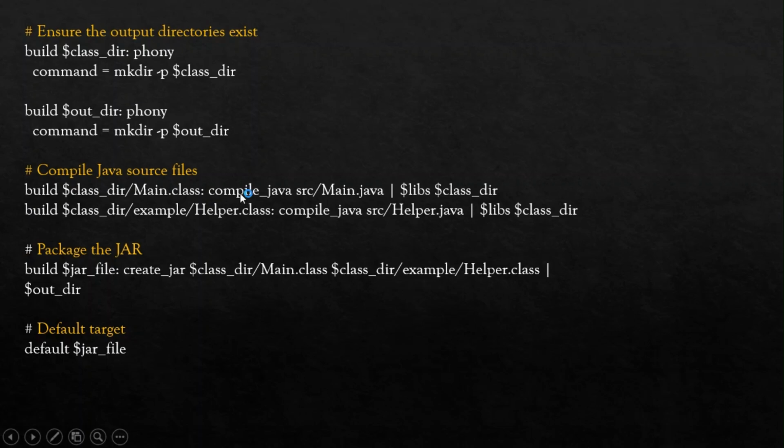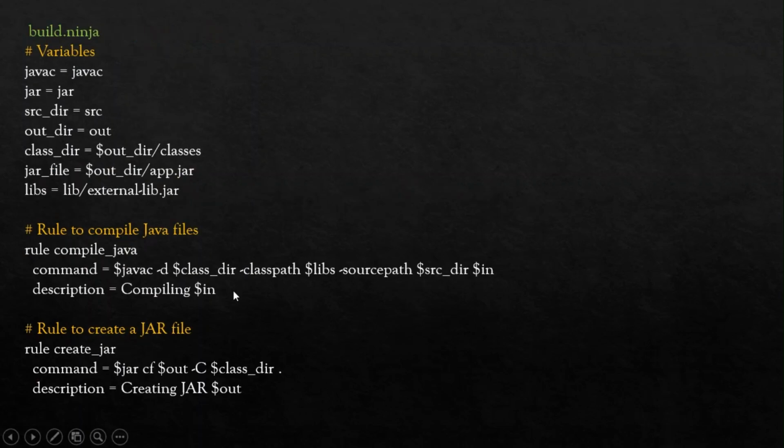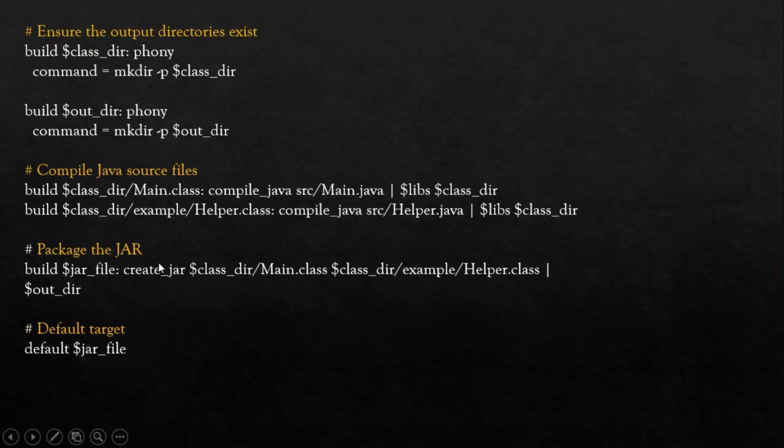So we specify the rule name, we specify the input and the output. All this will be replaced in the corresponding rules, and this will be executed. Once these two lines are done, we will have all the Java source files compiled. Next, the control goes here, packaging the jar file.